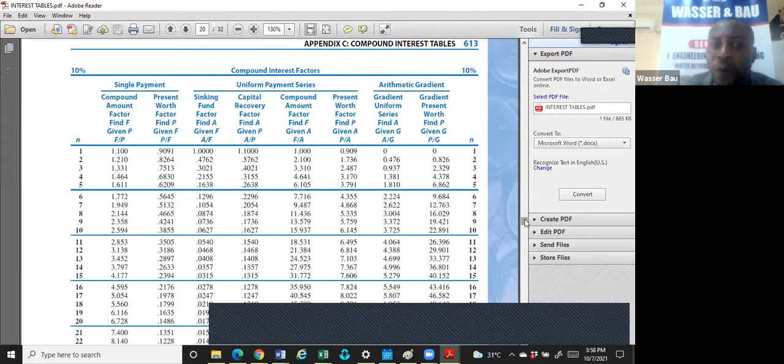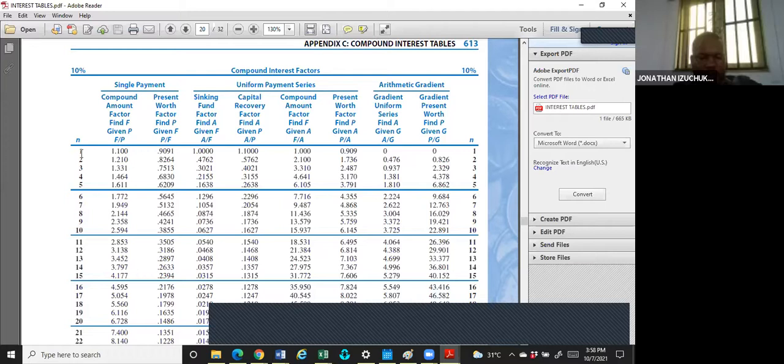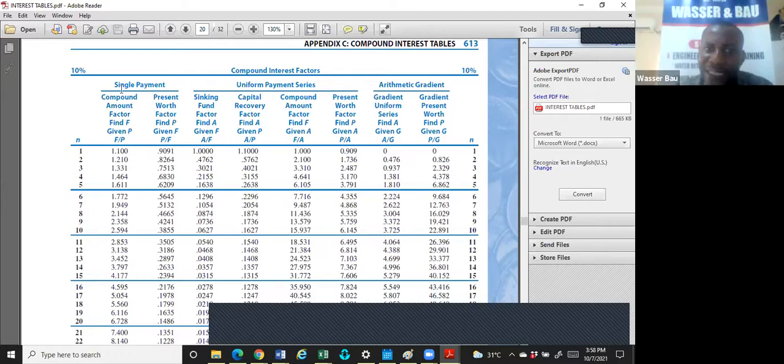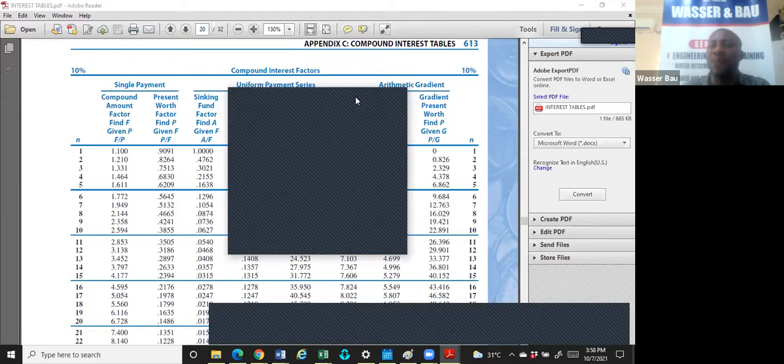So what am I looking for? I'm looking for the future value, and I've been given the present value. The number of years is 1, so n is equal to 1, and it is a single payment, as you can see up here. I borrowed 10 million and I am paying back 11 million. How do I get 11 million?